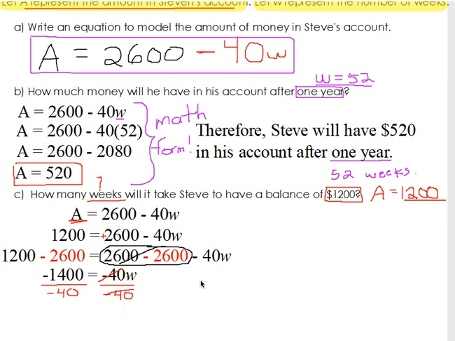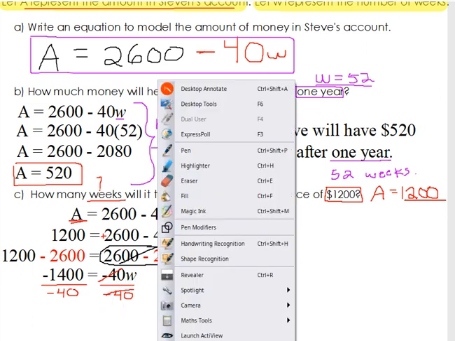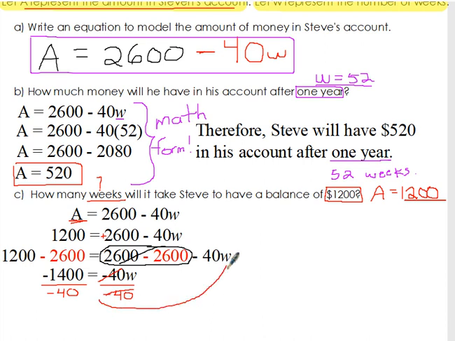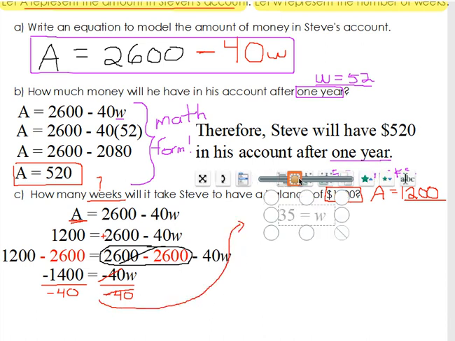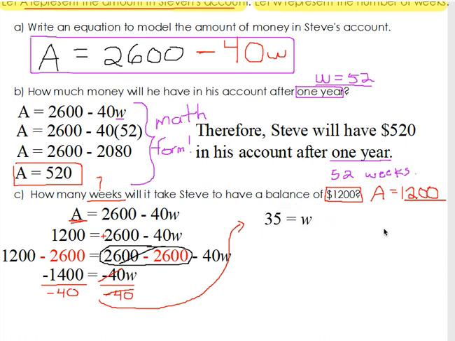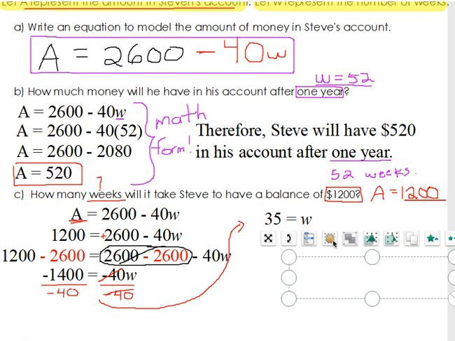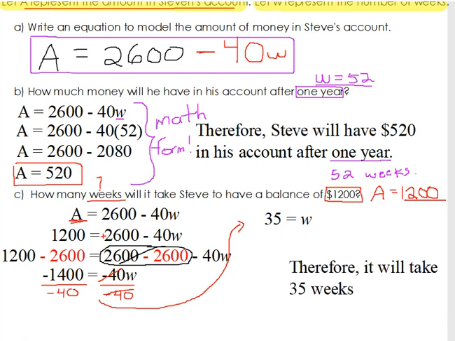We end up with 35 equals W. So it's going to take Steve 35 weeks to have a balance of $1,200 in his account. So we'll say, therefore, it will take 35 weeks, with a period at the end.